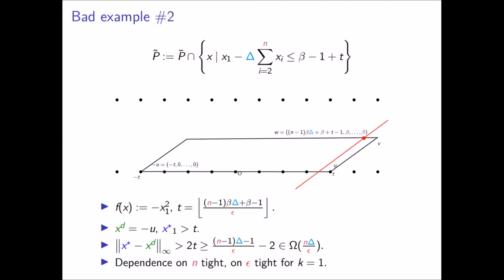Hence, this distance can grow linearly with respect to n, delta, and 1 over epsilon. In particular, in our second proximity bound in the theorem, the dependence on n is tight and the dependence on epsilon is tight in the case k equal to 1. Because in this example, in the objective, there's only one component that appears quadratically.